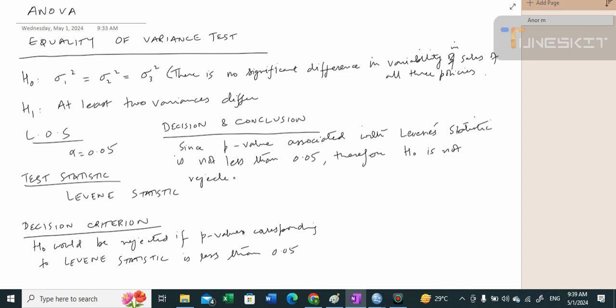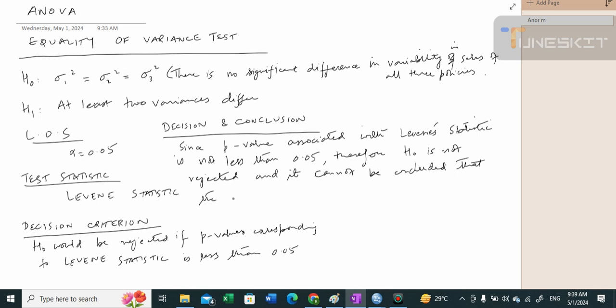and consequently it cannot be concluded that at least two variances differ, or that not all the variances are equal.